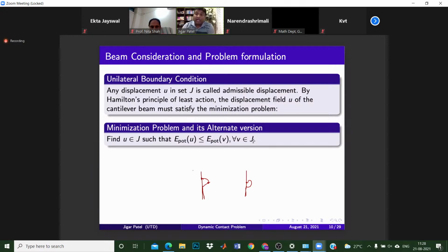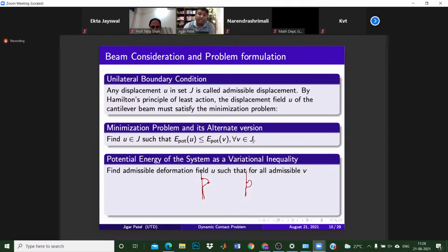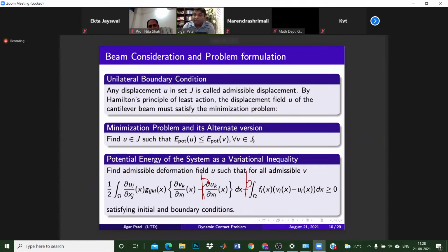Now, with simple but tedious work, we convert this inequality into a very nice integral form, right? So we can get the following inequality using this top expression: find admissible deformation u such that for all admissible v we have this inequality satisfied.